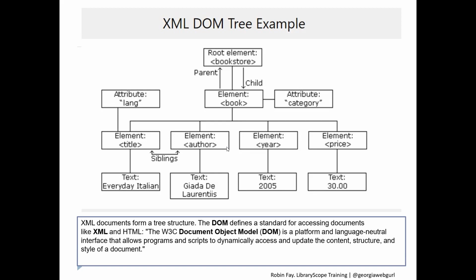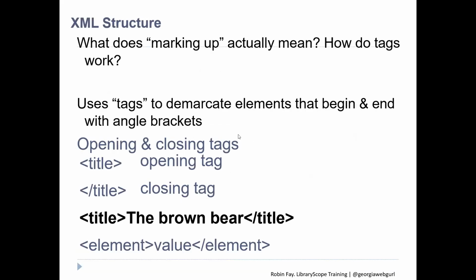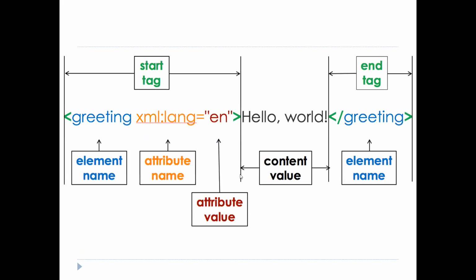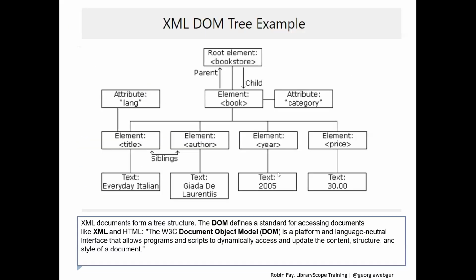It breaks down how the element of a book, so thinking about element as book, and then attributes would be the value of it, and the various pieces of that, and how it would be mapped in a more visual presentation, like a tree example.